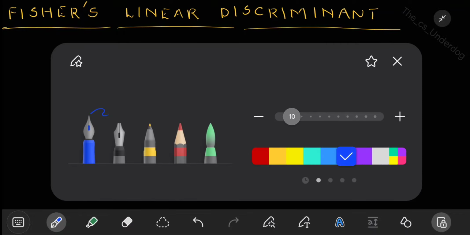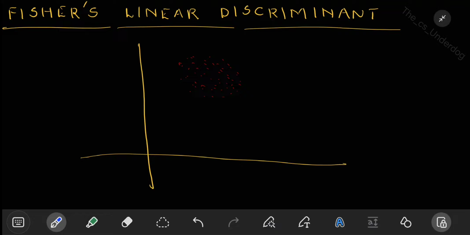These are in the blue class. This is a different set of points. Let us say you have the blue class somewhere over here, maybe. Here you have the blue class. All these points belong to the blue class.